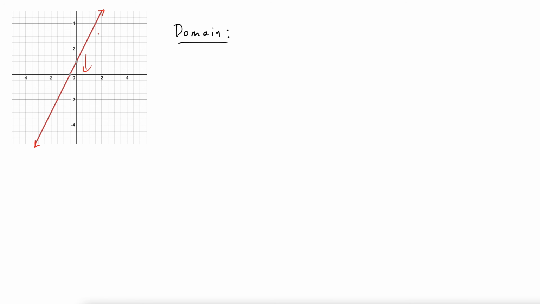We're asking what parts of the x-axis would be covered if we were to just let this function collapse down and cover the x-axis. Well, it just keeps going and going and going. So what parts would be covered? If we squeeze this thing down onto the x-axis, it would just keep going and going and going. So the domain is all real numbers, negative infinity to infinity.